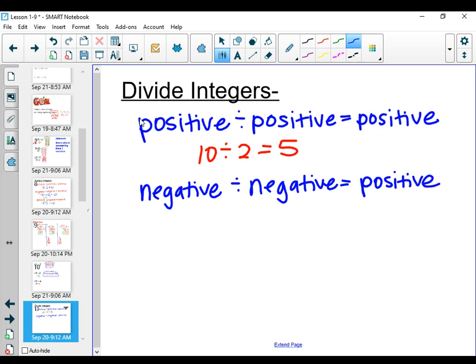This is probably the trickiest one. This double negative turns out to be a positive.